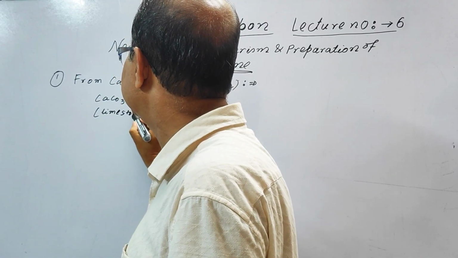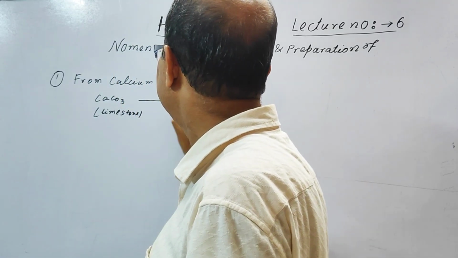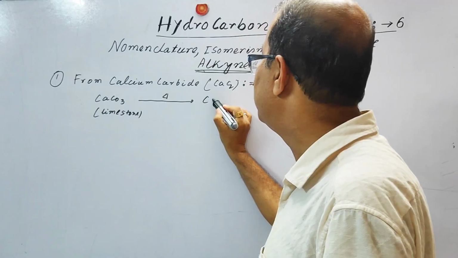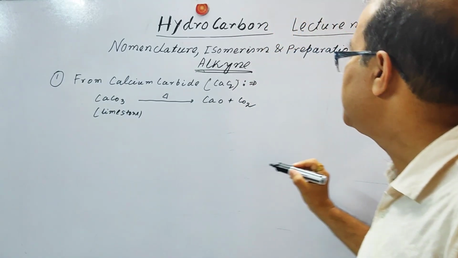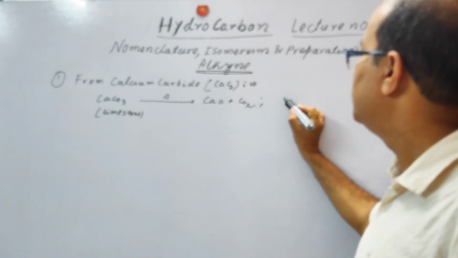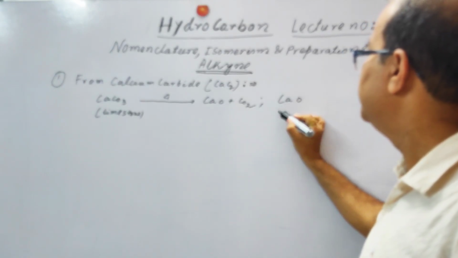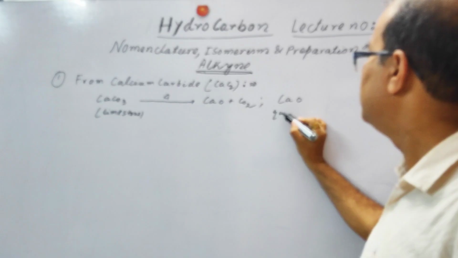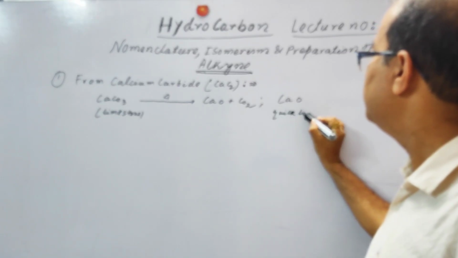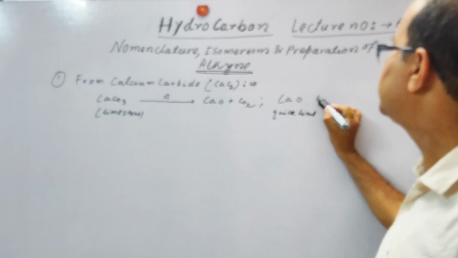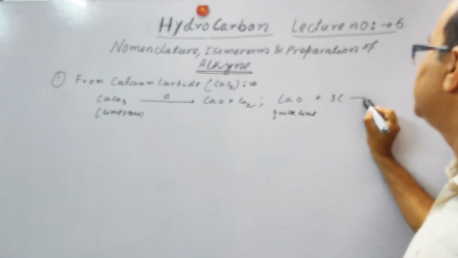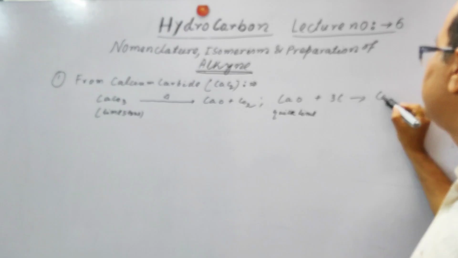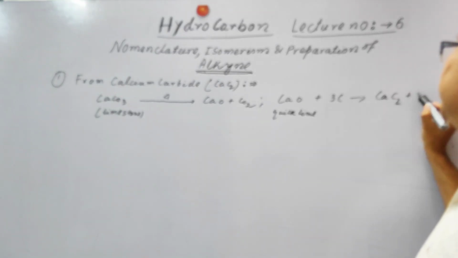When we heat the limestone, it produces calcium oxide and carbon dioxide. This calcium oxide is called quicklime. When it reacts with coke, which is carbon, it produces calcium carbide and carbon monoxide.